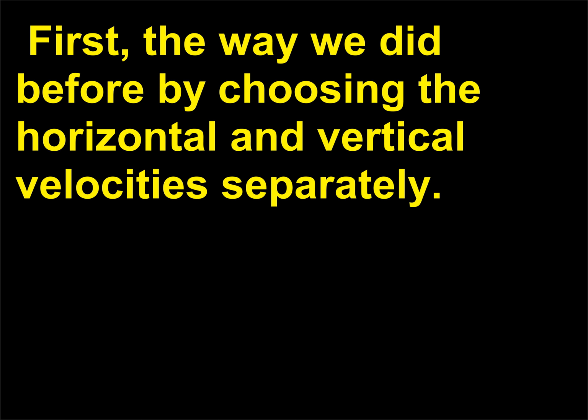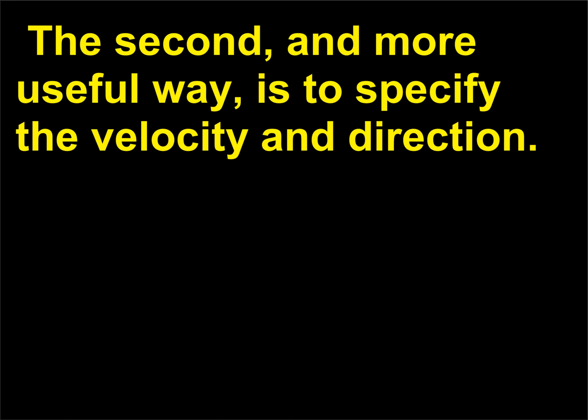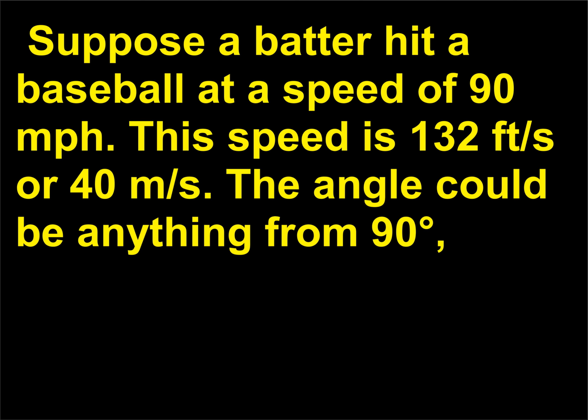We can specify the initial velocity 2 ways. First, the way we did before by choosing the horizontal and vertical velocities separately. The second, and more useful way, is to specify the velocity and direction. Suppose a batter hit a baseball at a speed of 90 miles per hour.